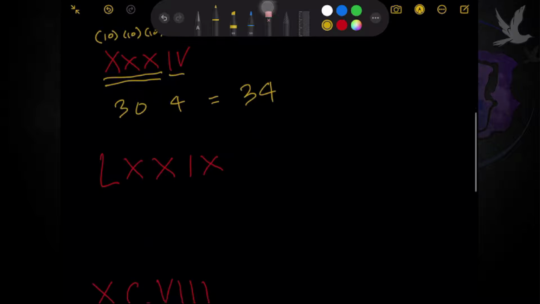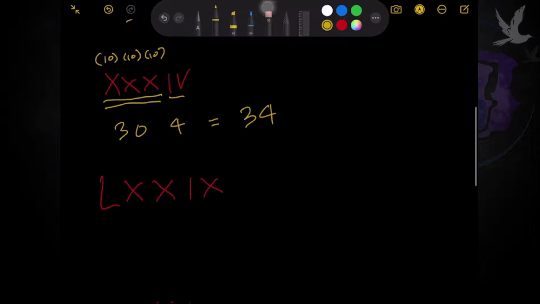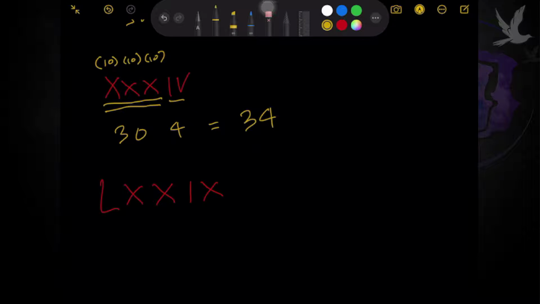Okay? So another example, you have LXXIX. So identifying that this is actually equivalent to 50. This is equivalent to 10. And you have 10. If you notice this part here, these two tens appeared after 50, which means you need to add these two tens to 50.